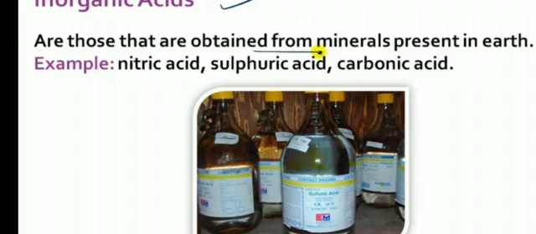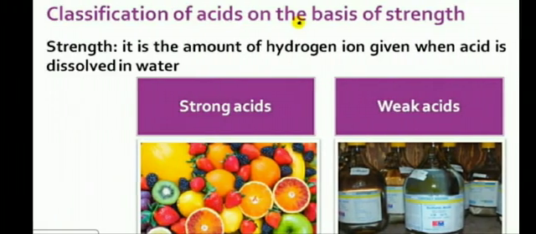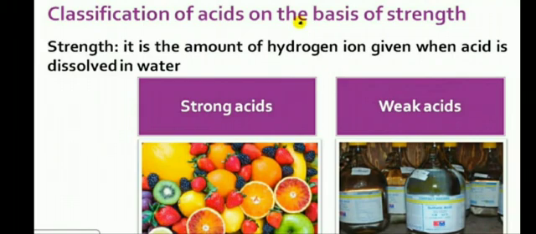Now, what are strong acids and weak acids? Strong acids are those acids which dissociate into hydrogen ions completely in an aqueous solution. They completely ionize in water. Okay, like HCl, H2SO4, HNO3, etc. These are strong acids.